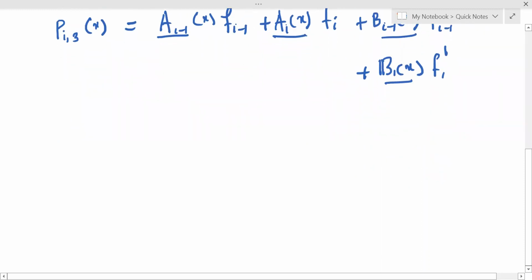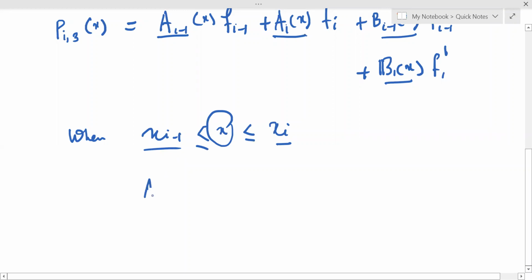On each interval we consider x_{i-1} less than x less than or equal to x_i. The value of x lies between these two points.